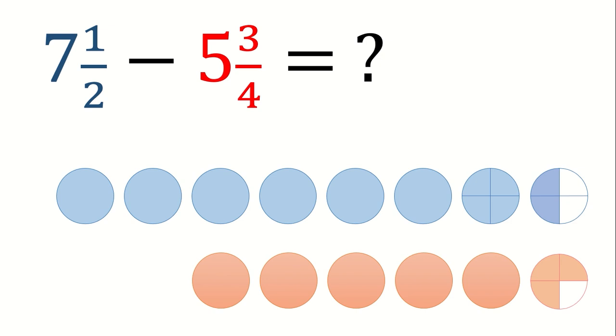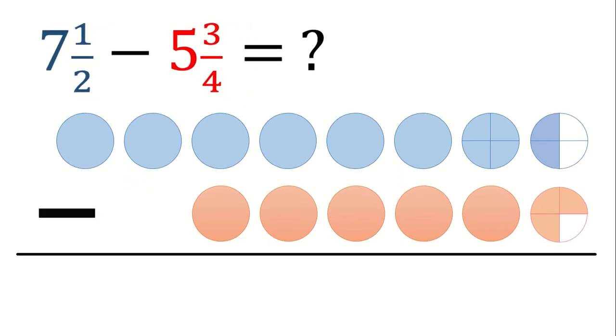In the above number we have 6 parts, and in the below number we have 3 parts. When we subtract these two numbers, as you can see here, we have 3/4 of a circle as the fractional part.